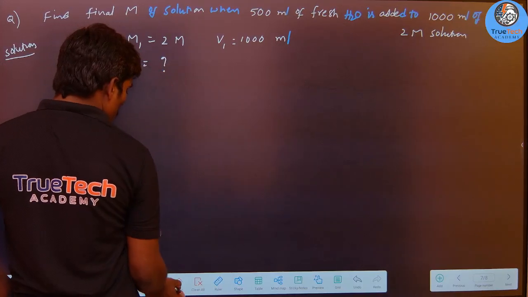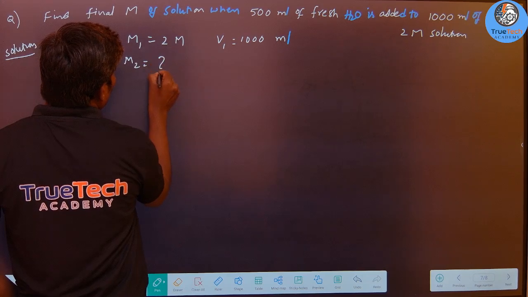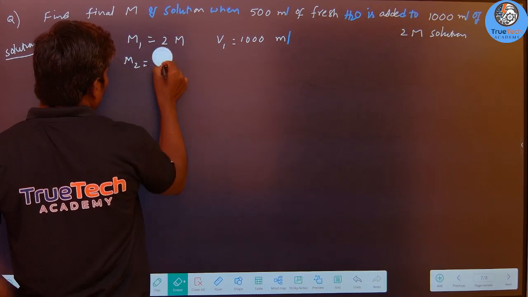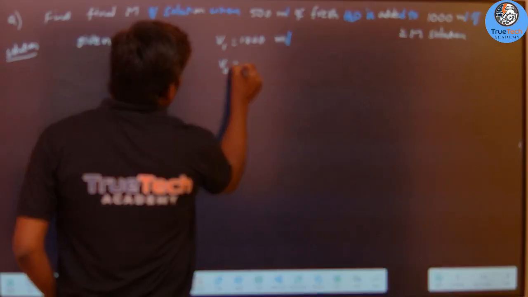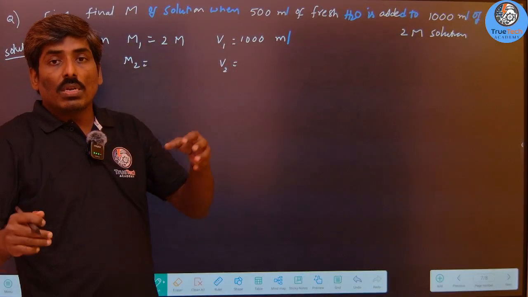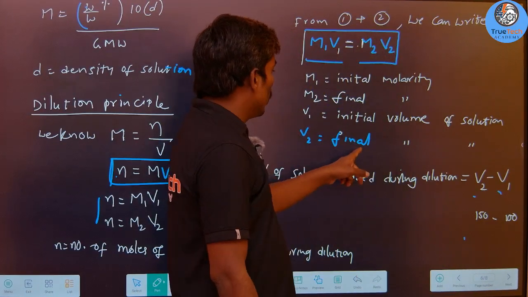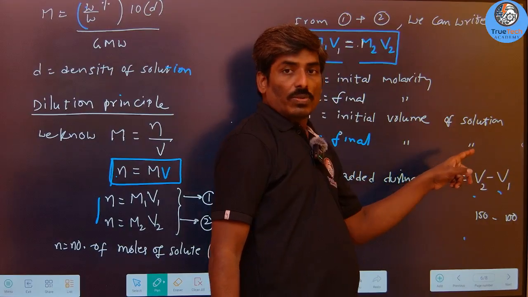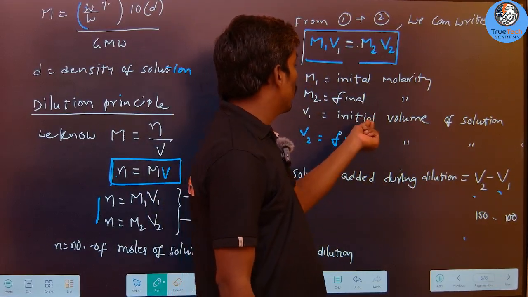Our interest is to find M2. Now tell me, what is V2? If you observe the previous slide, V2 is the final volume of solution. This is the initial volume, this is the final volume.